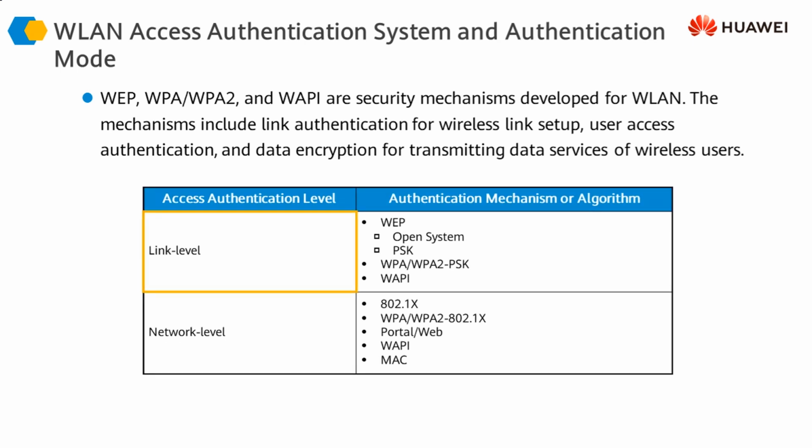If you want to do link level authentication, it means when the connection is being established between the client or the station and the access point. That's it. The scope of link level authentication is only between the wireless client and the access point. The scope of network level authentication is between the client and the authentication server.